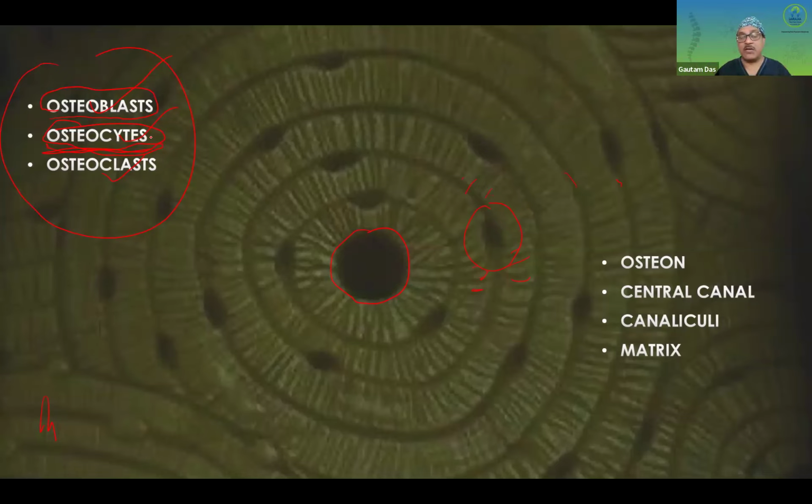So lots of abundant osteocytes are there, formed from the osteoblast once entrapped. Osteoclasts are a different kind of cell. They are formed from macrophages.